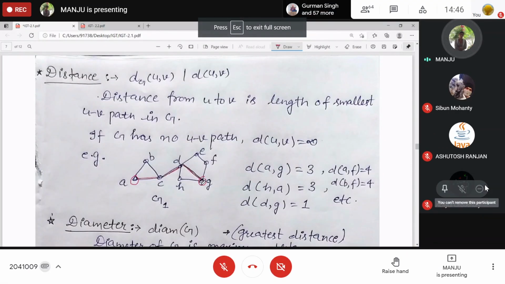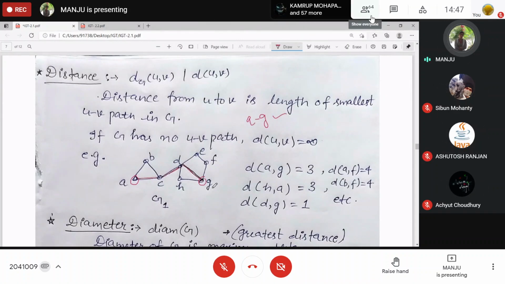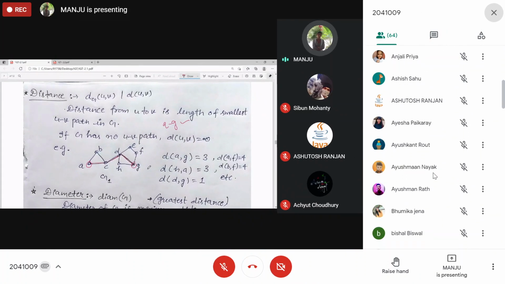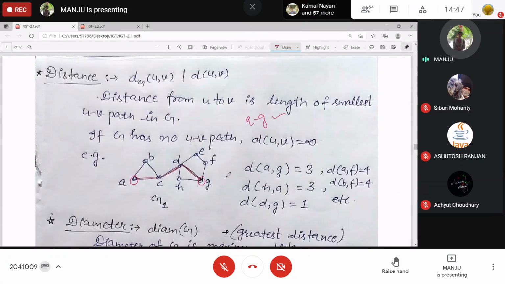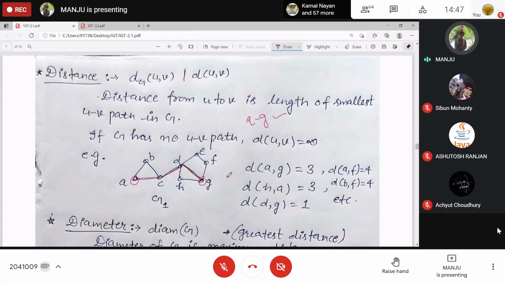There are many A to G paths. In this graph, this may be a tree or may not be a tree. In fact, this is cyclic, meaning a cycle is present, so no tree. So you have many paths between A and G.